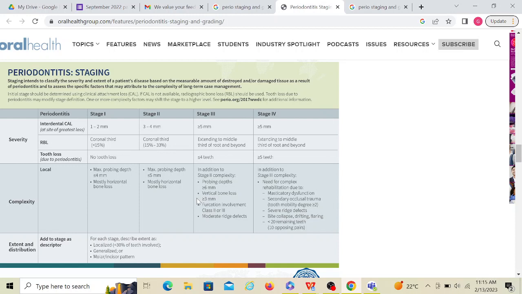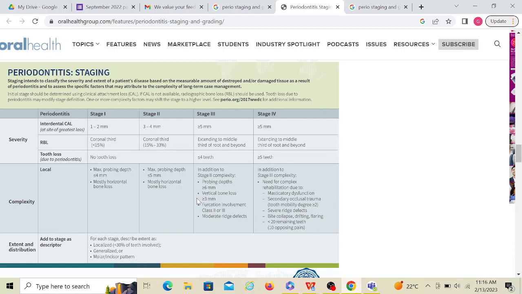But if the question says there is recession of 3 to 4 mm and there is a class 2 furcation, then you go with stage 3 because they have mentioned furcation. So basically stage 1 and stage 2, the question will not mention furcation. Simple, easy to remember. Stage 3 and 4, the question will mention that there is a furcation. And now depending on the severity of the question, you will classify it as stage 3 and stage 4.